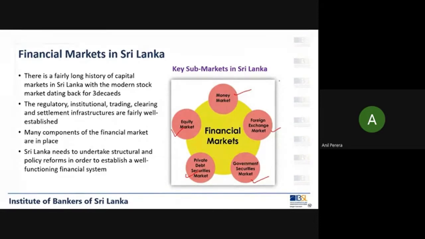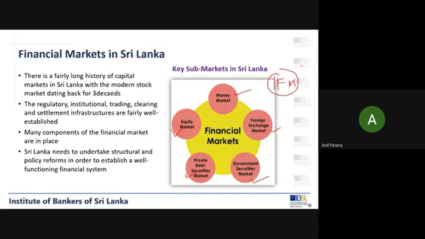Outside these, we know there is an informal financial market. Informal financial market means that which is not captured by the formal sector. As I said last week, there is a segment which is not under the direct observation, supervision, or regulation of the government.